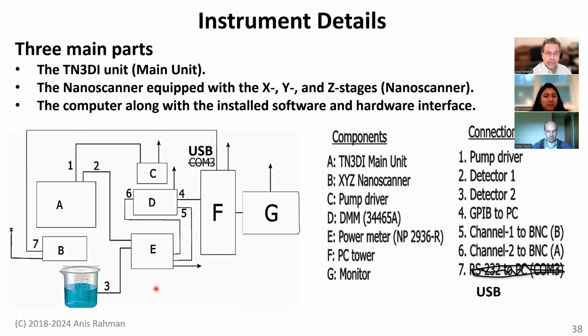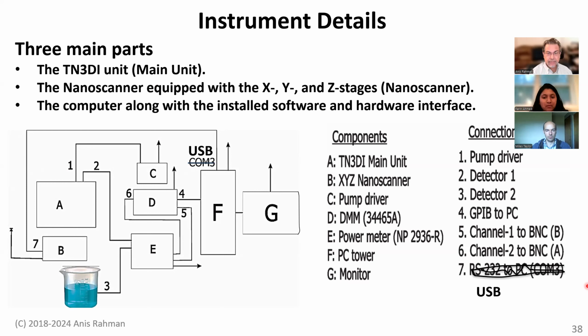So here's again a repetition, but instrument details, how the instrument is organized. The whole instrument has mainly three components. One is the main unit of the box itself. Then it needs a nanoscanner with X, Y, and Z axis, physical X, Y, and Z axis.